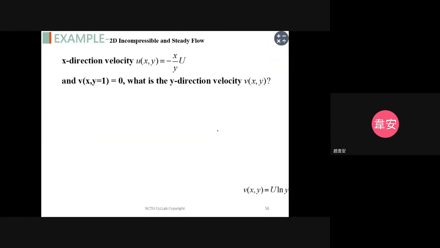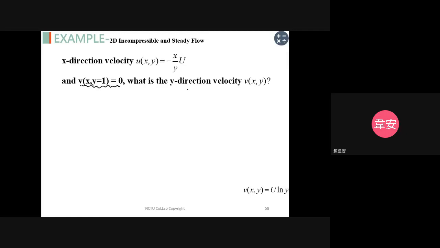So how do we apply the divergence of the velocity field? The question already tells you this is a 2D incompressible and steady flow, and we know that the velocity along the x direction is u equal to minus x divided by y, multiplied by capital U. And this is the boundary condition.